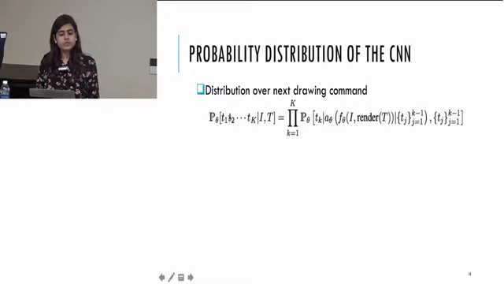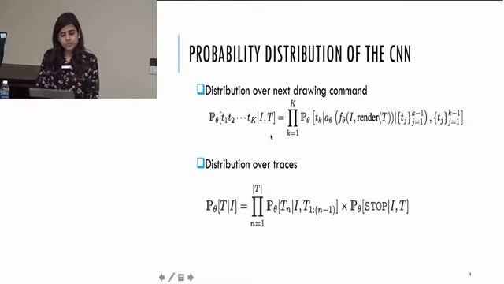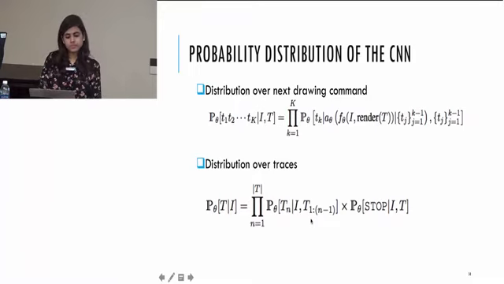Here also you see tokens that are predicted given your original image and what is already rendered, what the network has already understood. The same distribution can be factorized over traces. Here we see that you have your trace set given the original image. The subscript Tn here refers to each command in the trace set, like T1, T2 are the commands in the trace set.